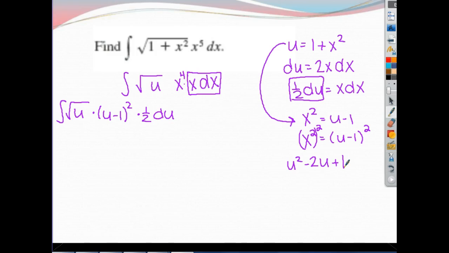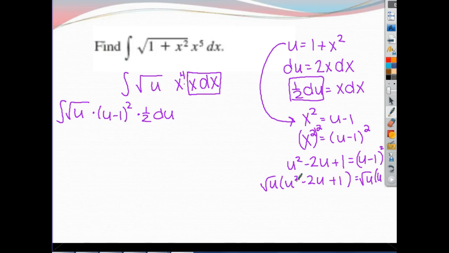So u minus 1 squared is u squared minus 2u plus 1. Could I multiply that by the square root of u to get rid of a product rule? So square root times u squared.